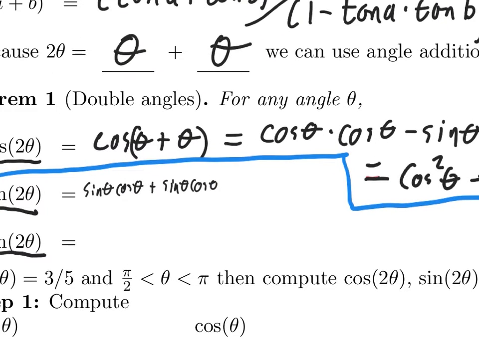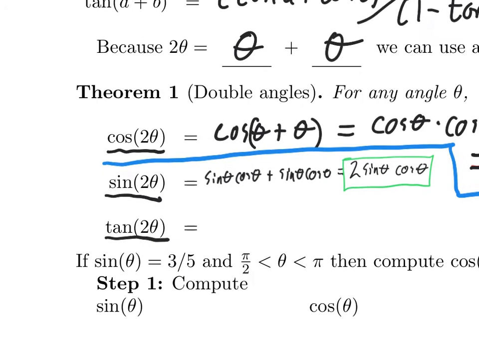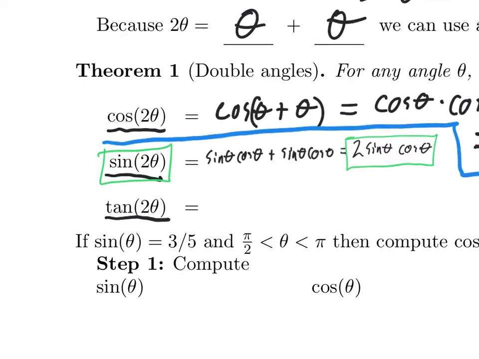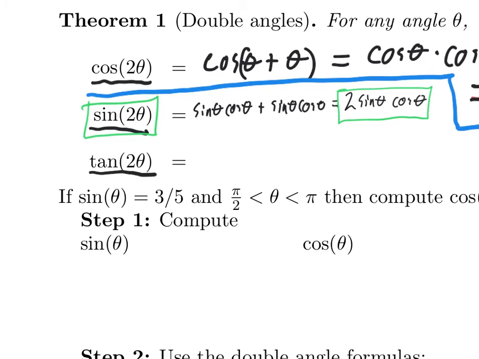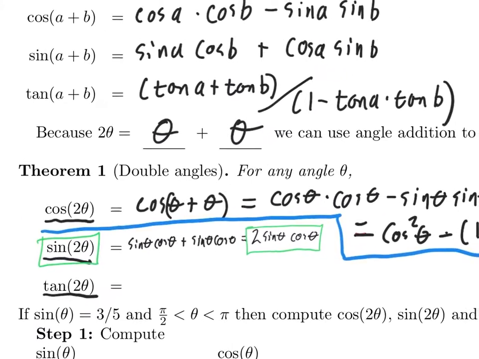So this will be the same thing as 2 sine theta cosine theta. So the double angle formula for sine says sine of 2 theta is the same thing as 2 sine theta cosine theta.